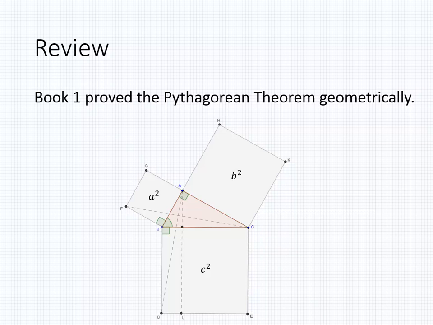In fact, this diagram may look familiar, where side a was squared by constructing a square on that side of the triangle. And similarly, side b had a square constructed on it, and the hypotenuse had a square constructed on it. And the proof was in showing that the area of the squares on the legs of the triangle equaled the area of the square on the side of the hypotenuse.